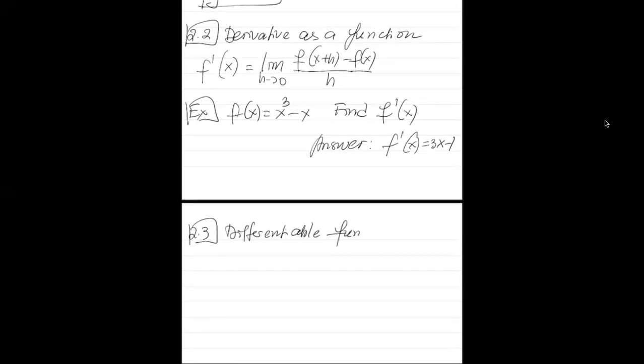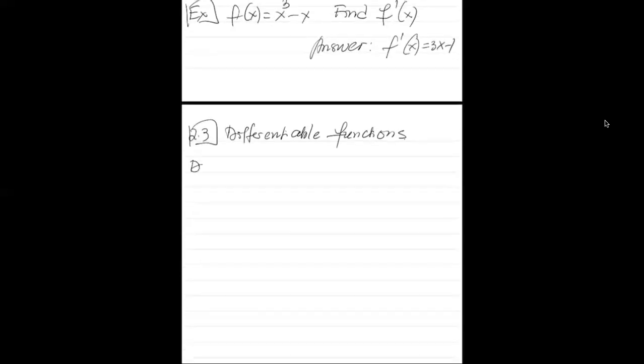Differentiable functions. So we need to know what it means for a function to be differentiable. We say f is differentiable at some point a if f prime at a exists. So it's very simple. F is differentiable if f prime, that was the limit, exists.